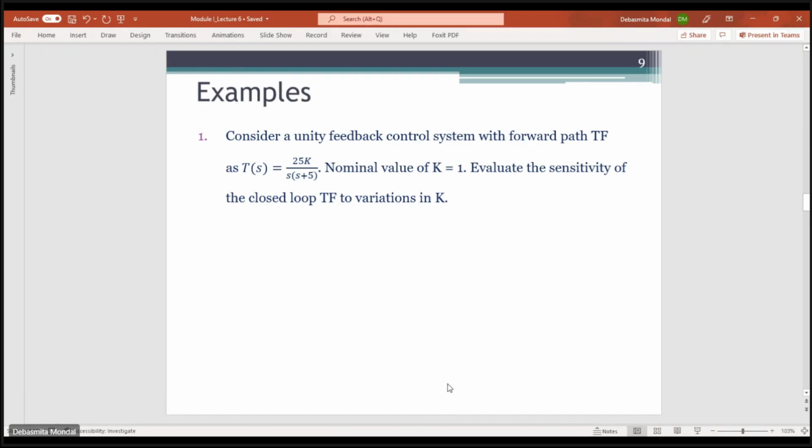Yes, so that means only the open loop transfer function is given, right? And you have a unity feedback. Yes, ma'am. So can you draw the system now?